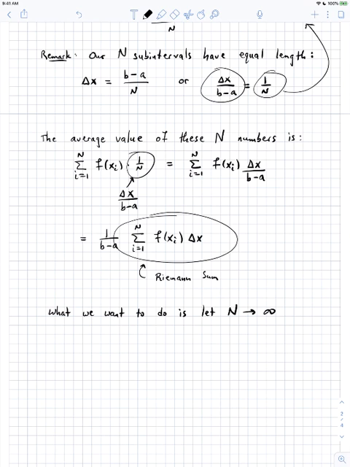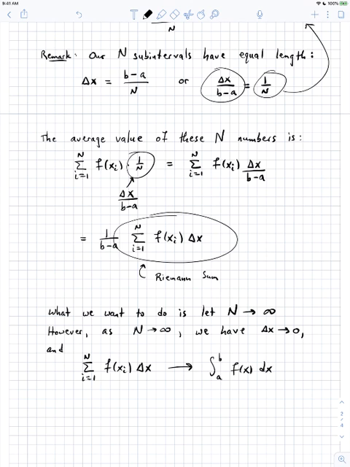This should give us a better representation of the average value of the function. However, as n goes to infinity, delta x goes to 0 for one, but also this Riemann sum, i equals 1 to n of f at x_i delta x, goes to an integral, a definite integral, from a to b, f of x dx.